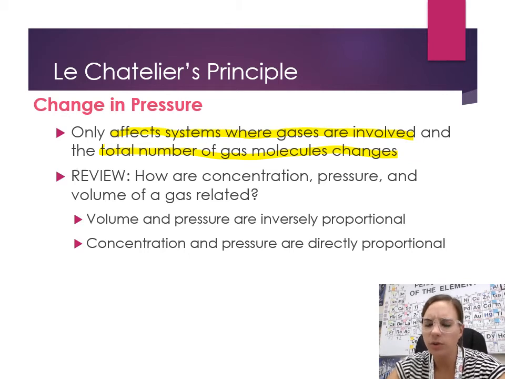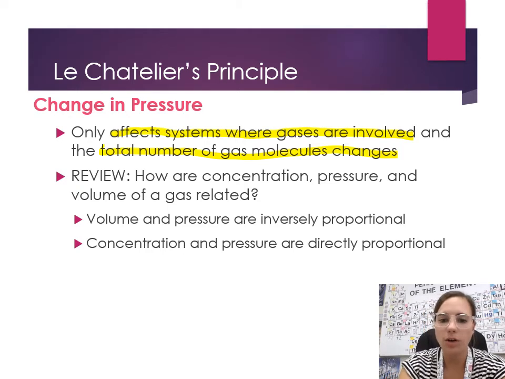But first, we need to do a little review of concentration, pressure, and volume, because I can't just directly change the pressure most of the time. I've got to do something else that indirectly changes the pressure. So there are a couple of things I can do in order to change the pressure.